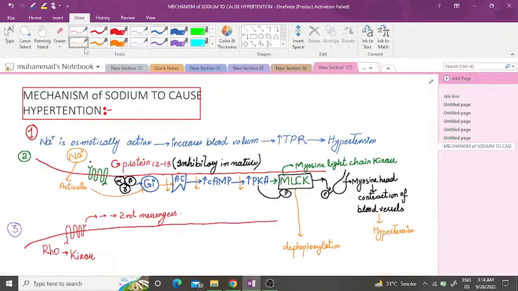which causes the activation of an enzyme called myosin light chain phosphatase.